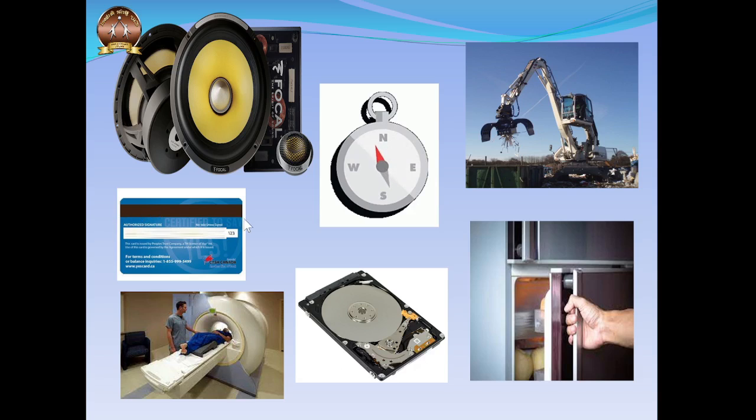This black strip that you see on your credit cards or debit cards, which you swipe in an ATM or a credit card machine, is actually a magnetic strip. It's made up of magnetic material. Then your CD-ROMs and the CD readers or writers also have magnets in them.